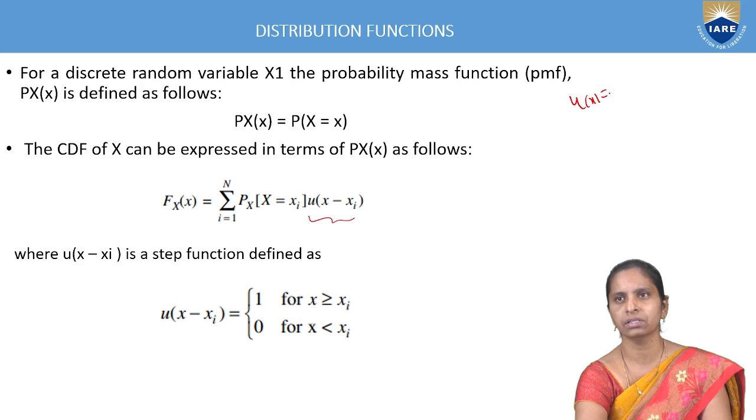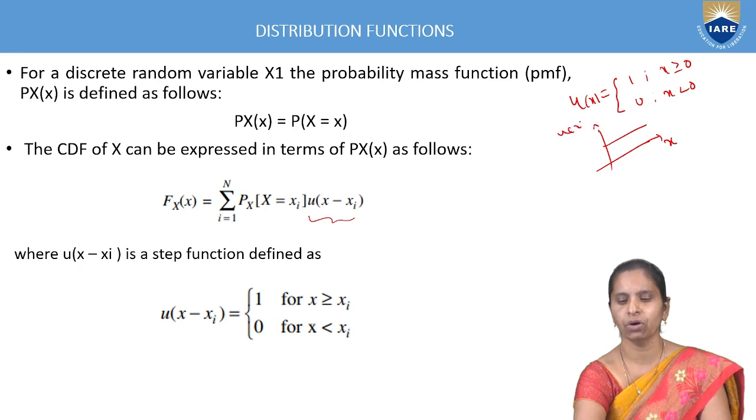This is a unit step function. How is it defined? The value is 1 when x is greater than or equal to 0, and 0 when x is less than 0. If you observe here, this is my x and this is my u of x. For x less than 0 it is 0, and when x is greater than or equal to 0 it is 1. Then, what is the delayed unit step function?